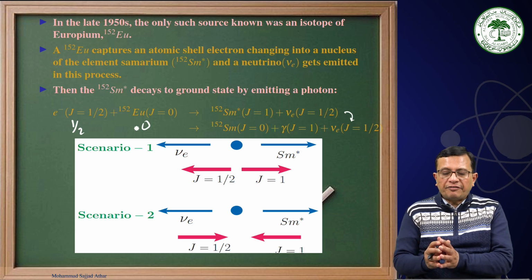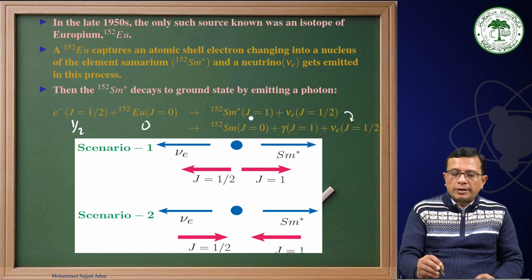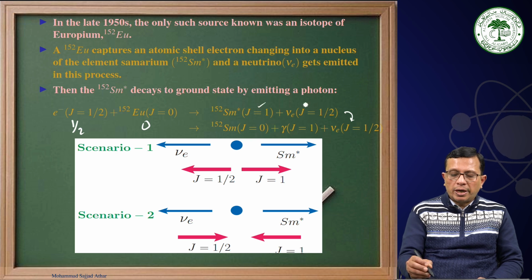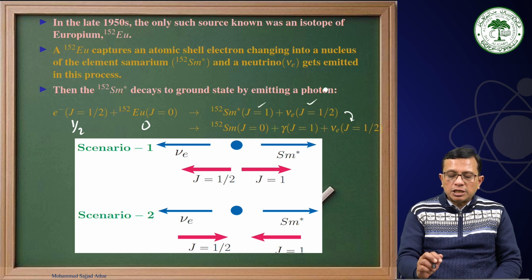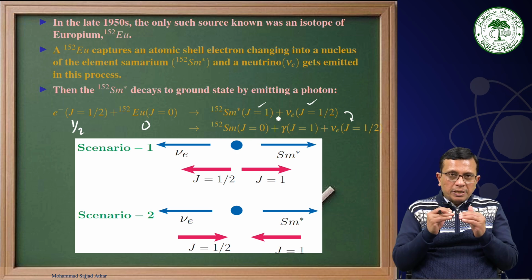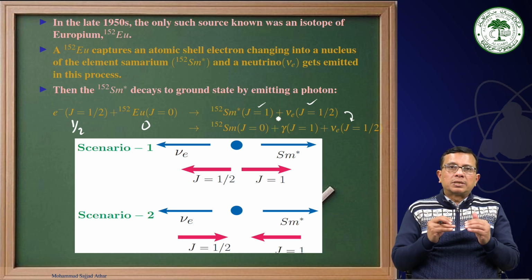Now look at the final scenario. This is 0, or if you take this j equal to 1 and j equal to half, this means that to get half, this angular momentum should be directed in the opposite direction.